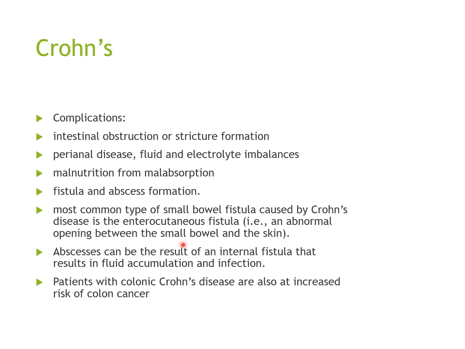So it's an abnormal opening between the small bowel and the skin. This is something that you might see in somebody with Crohn's. And abscesses can be the result of an internal fistula that results in fluid accumulation and infection. So abscess, we know, is purulent material, so you know that it's infection primarily that's driving this, right?